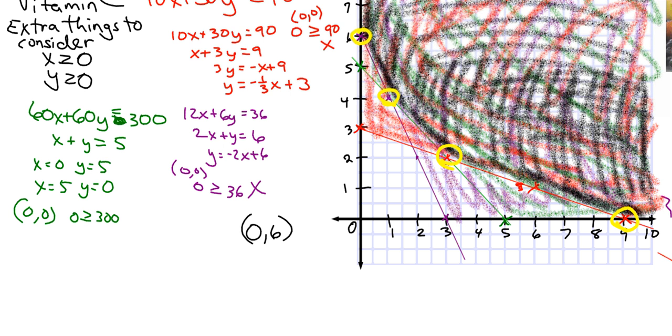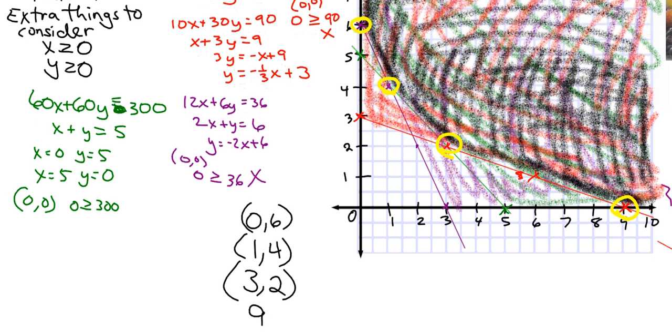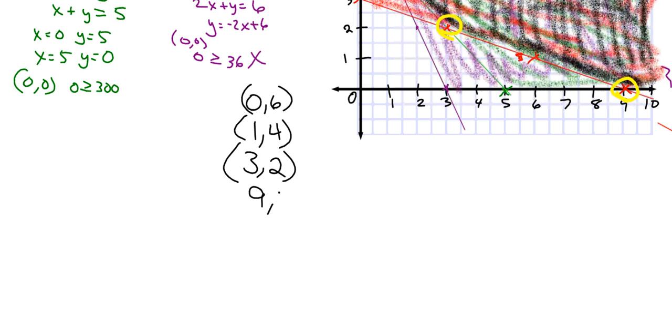This next one is 1, 4, it looks like. The next one is 3, 2. And the last one, excuse me, is 9, 0. So like 9 cups of the drink X, none of the drink Y as we go.